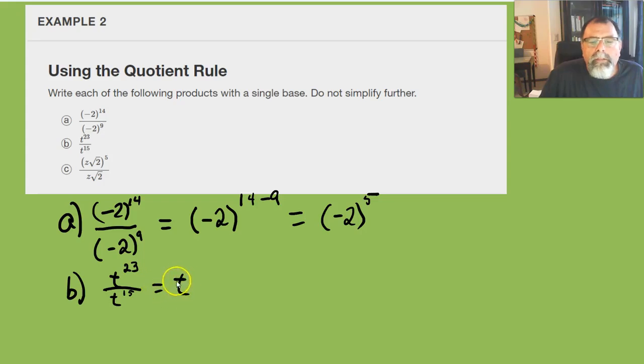If the bases are the same and you're dividing, you subtract the exponents. So 23 minus 15, I almost said divide. So 23 minus 15, I believe that's 8. And then that will be your answer.